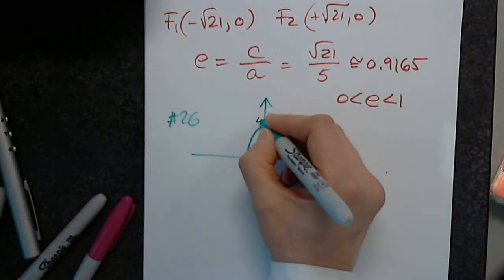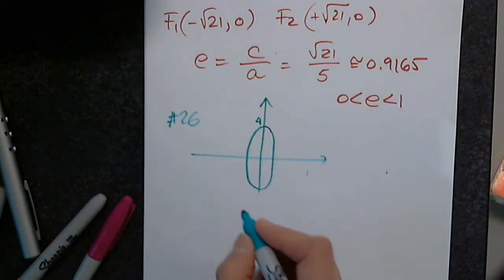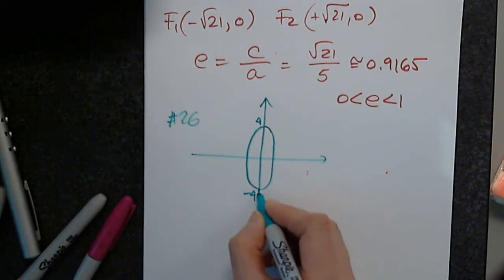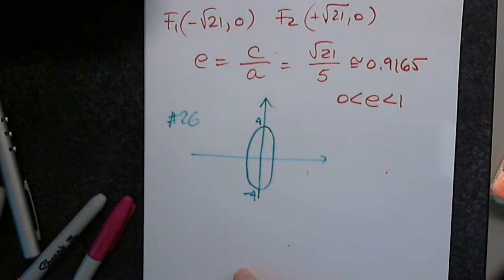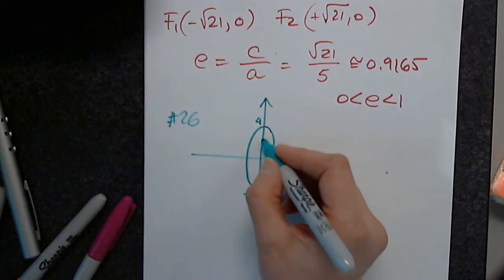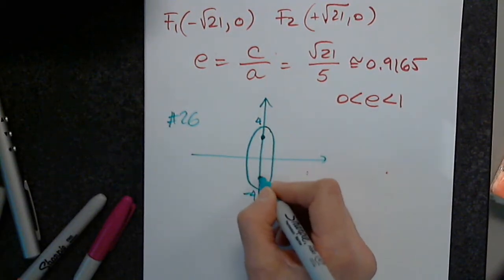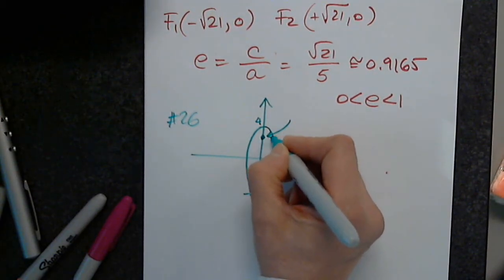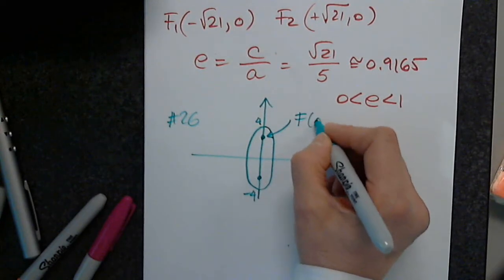And I see a 4 up here, which definitely means a negative 4 down here. And I see this point and this point, and I am told that this is f 0, 3.